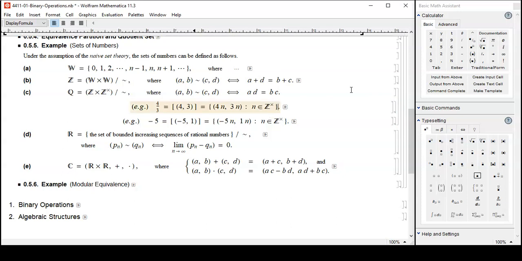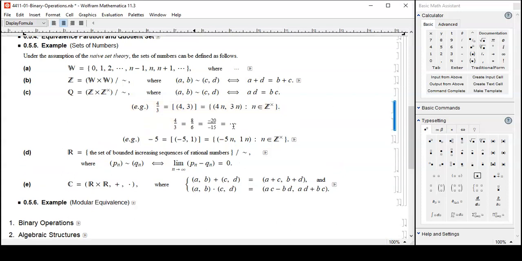Here's an example. A fraction 4 over 3 is defined as the equivalence class of (4, 3). In other words, (4n, 3n) for any non-zero integer n. If you have 0, then 0 over 0, you get nothing.